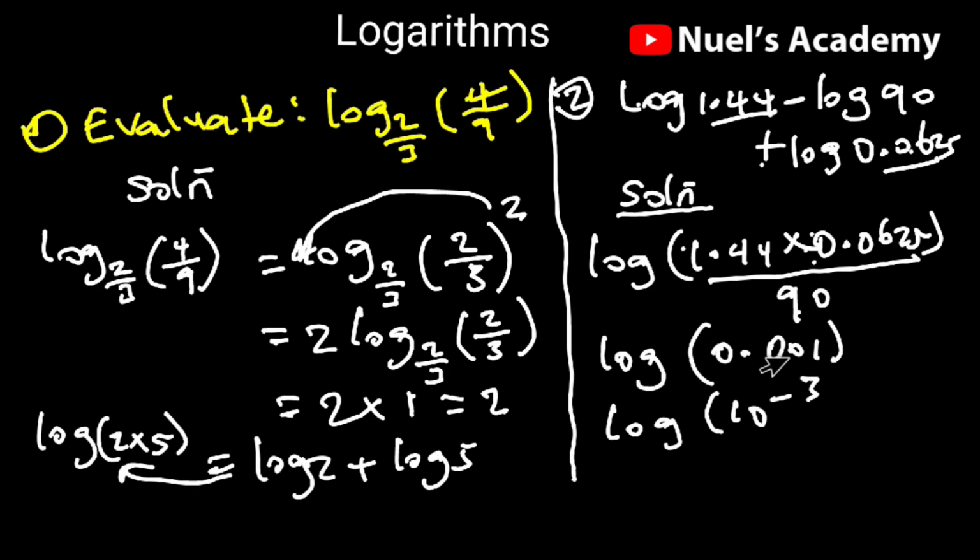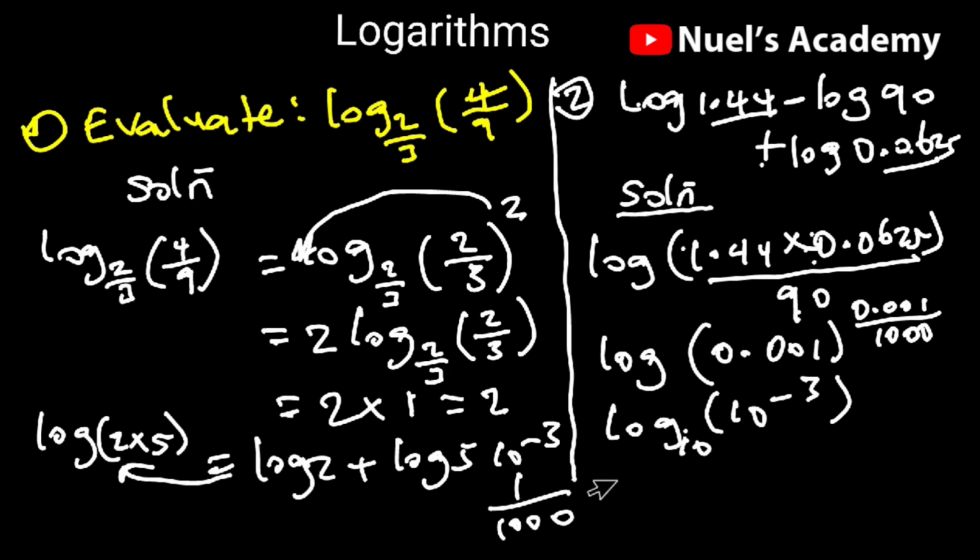And then this can be simplified as log of 10 raised to the power negative 3. Alright, because this 0.001 can be written as 1 over 1000, that is going to convert it to a fraction. And 1 over 1000 is the same thing as 10 raised to the power negative 3. Alright, so remember, any logarithm without any base is assumed to be base 10.